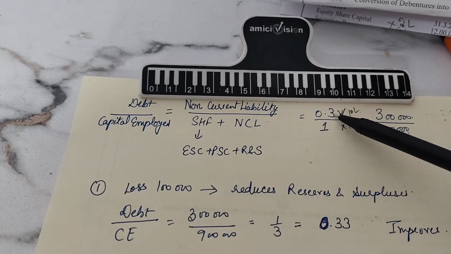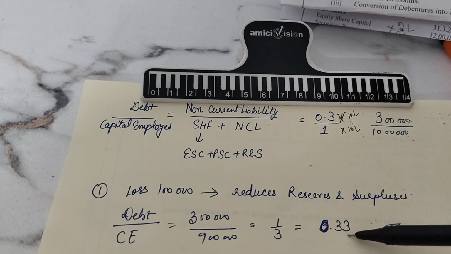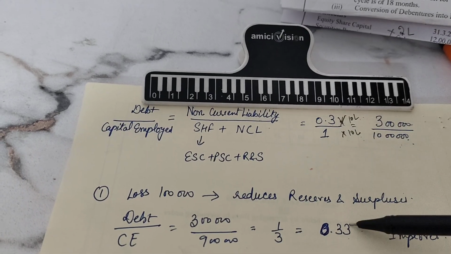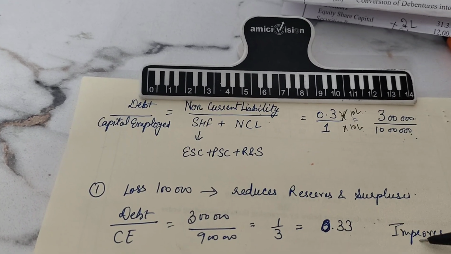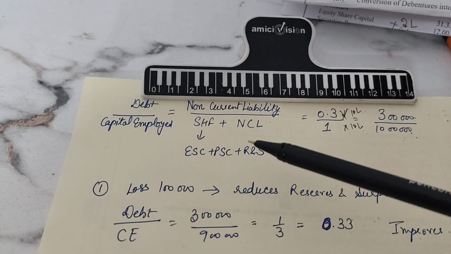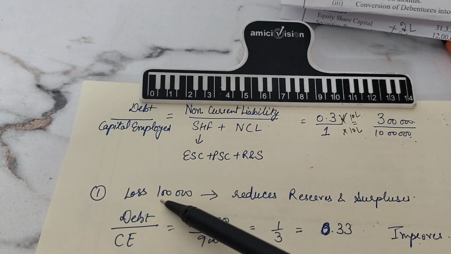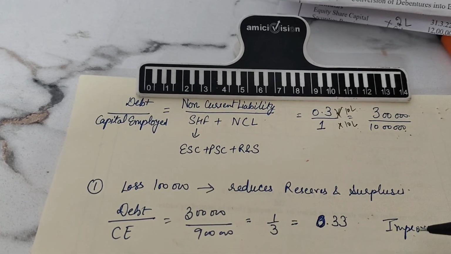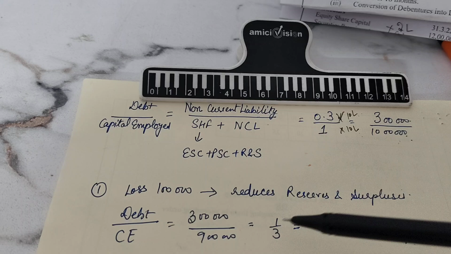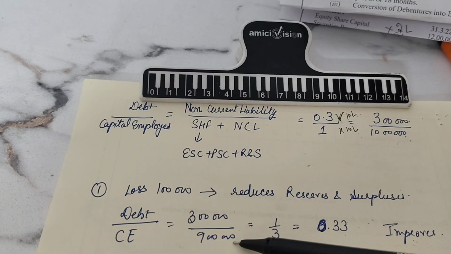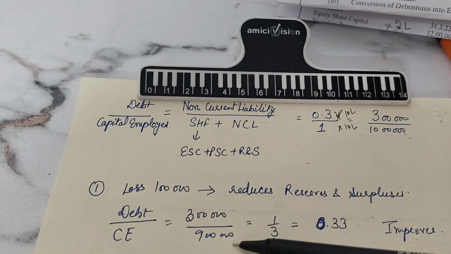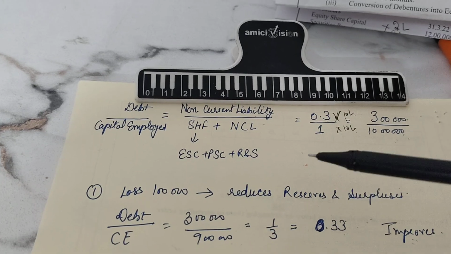So from 0.3 we came to a ratio of 0.33, so it improved. The reason is that our reserves and surpluses got reduced by the loss value, due to which our ratio is improving as the denominator got reduced. So this is the way you can explain your point.